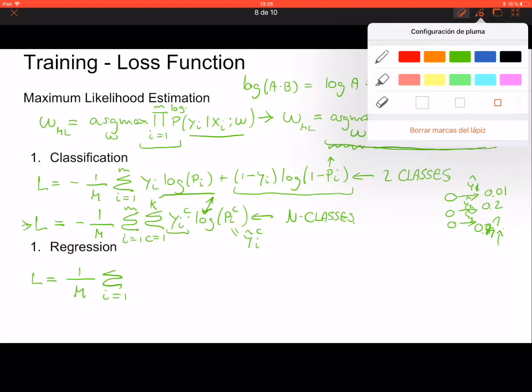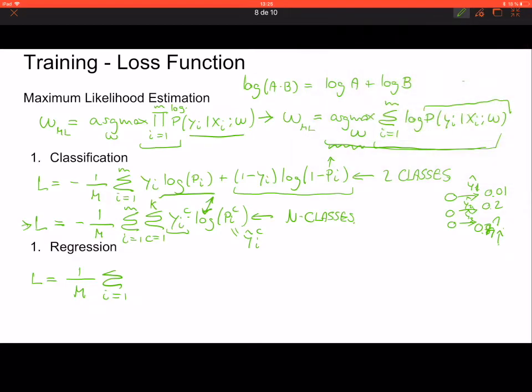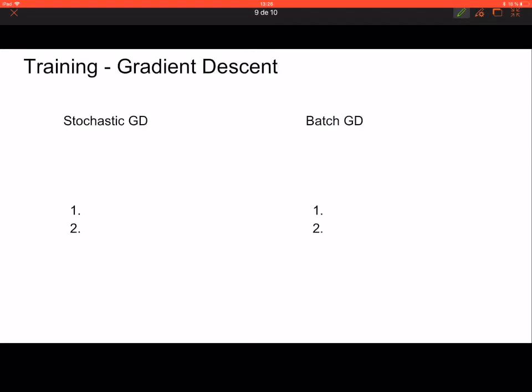We can show that by applying the maximum likelihood estimation principle to a regression problem, you essentially get the mean square error: the square error, and then the mean over all our samples. So in practice, this is the function that we're trying to minimize. We get a data set, normally split between training and testing, and then we try to minimize the training error. Okay, so let's just move on.